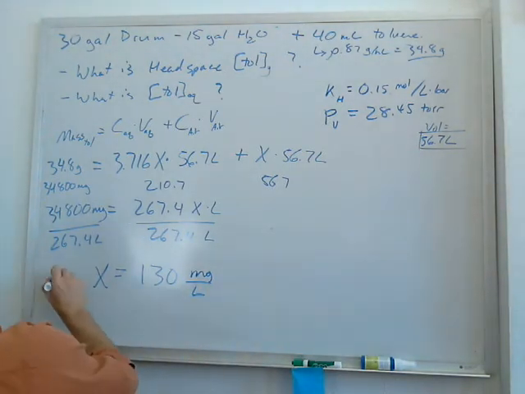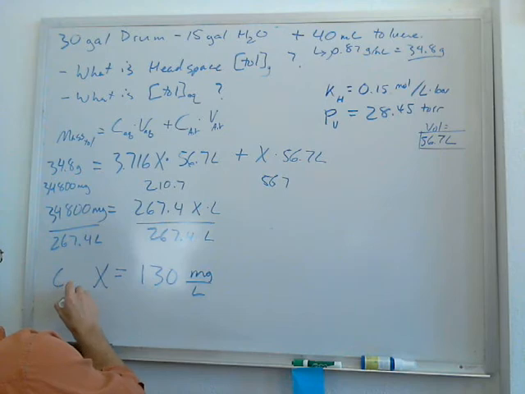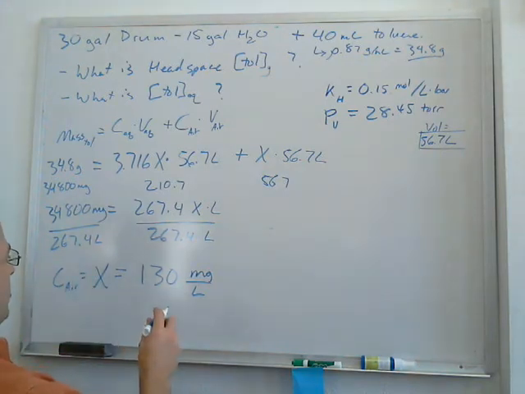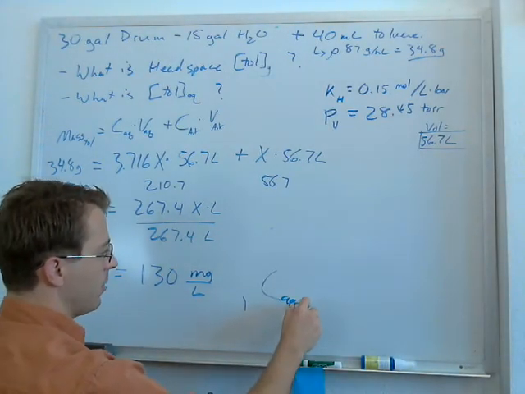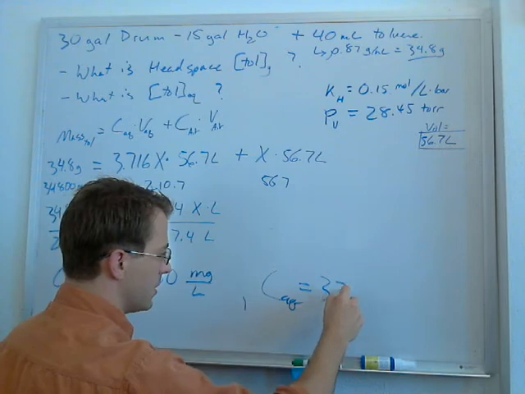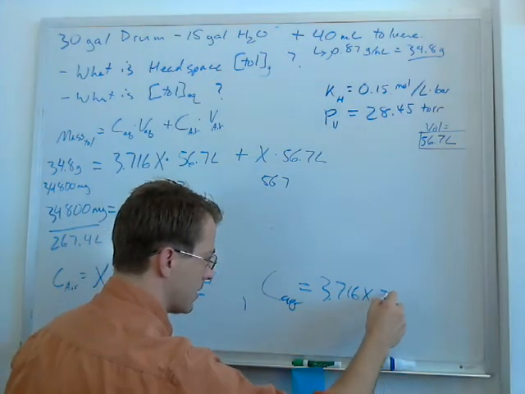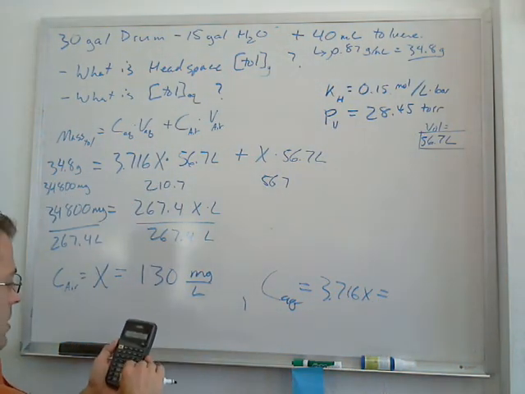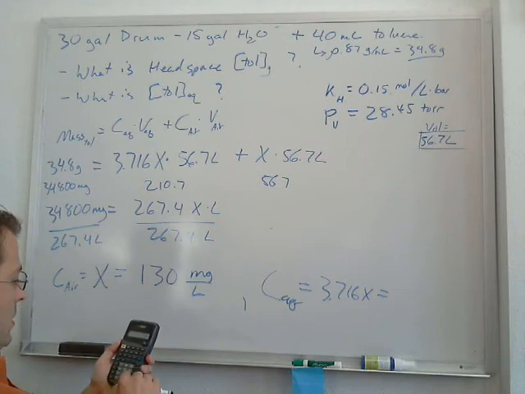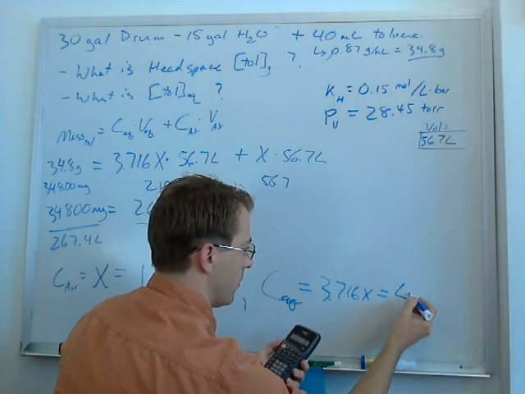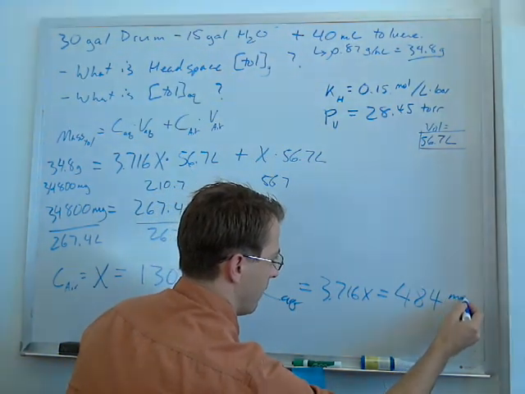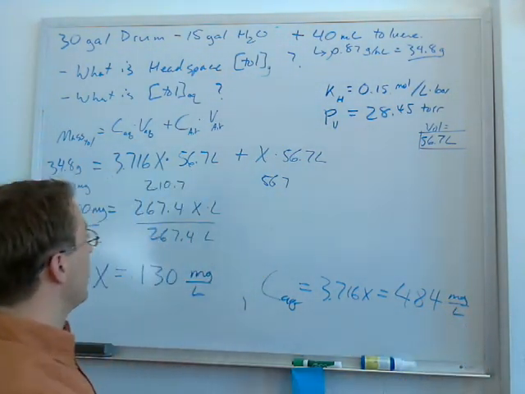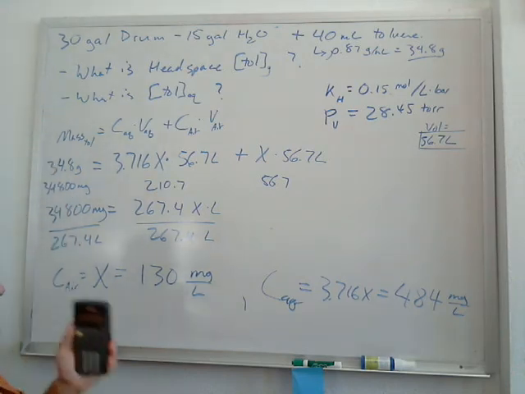So remember that C air equals x equals 130, and C aqueous equals 3.716x. And so 130 times 3.716 equals 484 milligrams per liter. And so that is the answer to our question.